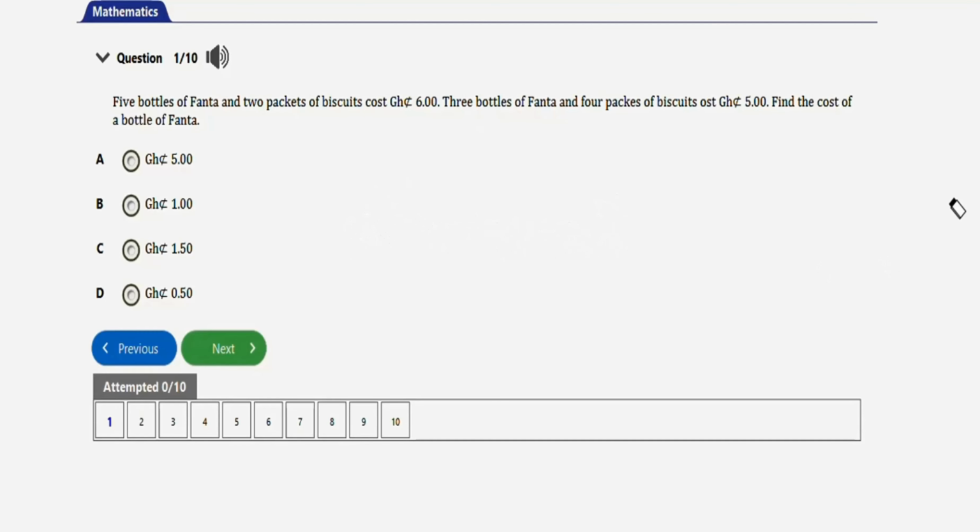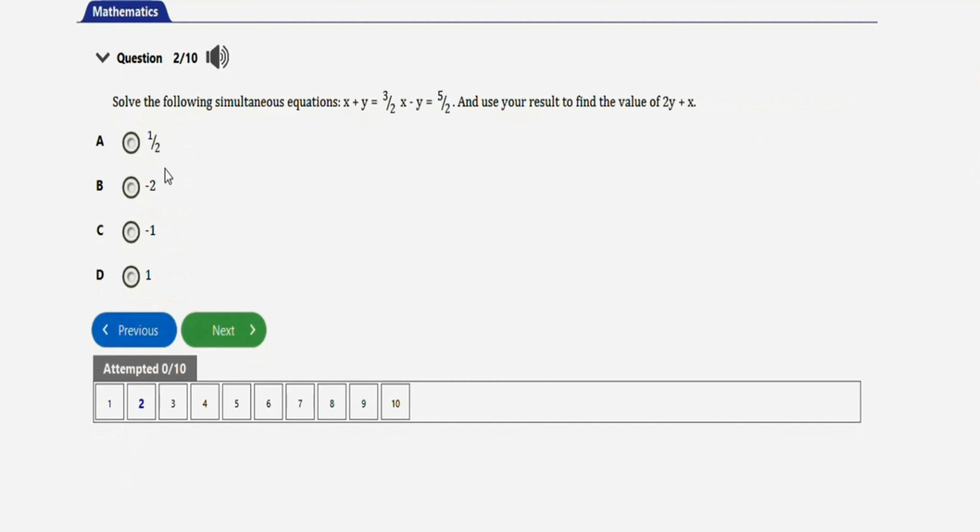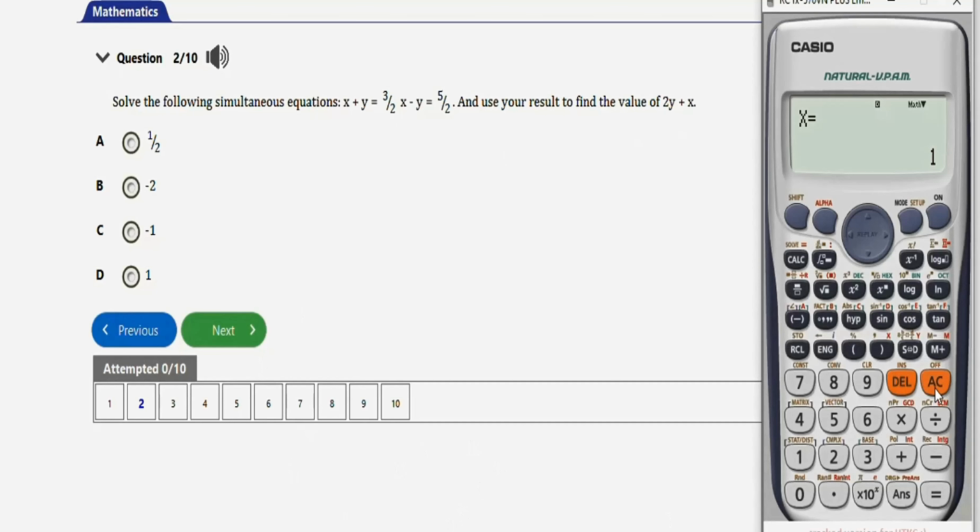Alright, the next repeated question is this one. It says solve the following simultaneous equation and use your result to find the value of 2y plus x. So let's bring the calculator. This is very simple. The equations are x plus y equals this, x minus y equals this.